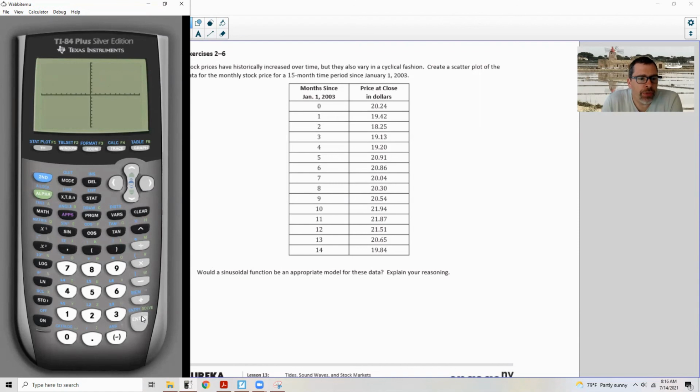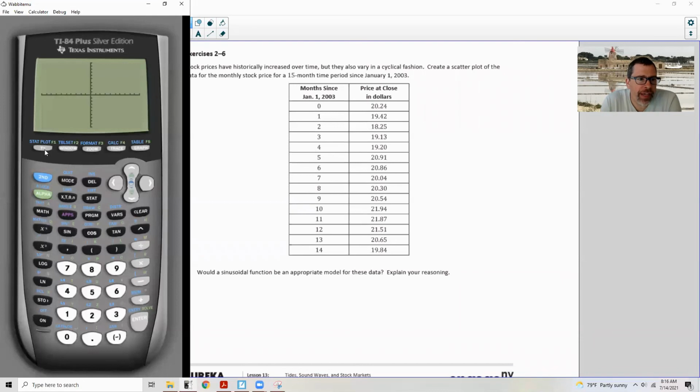And if I hit zoom stat, it still doesn't show. So you go to stat, there's the data, and graph. Zoom 9, enter. Why is that not graphing?